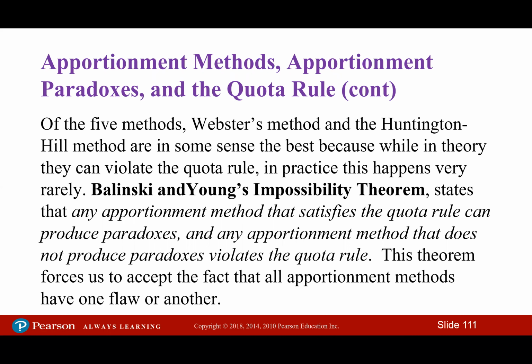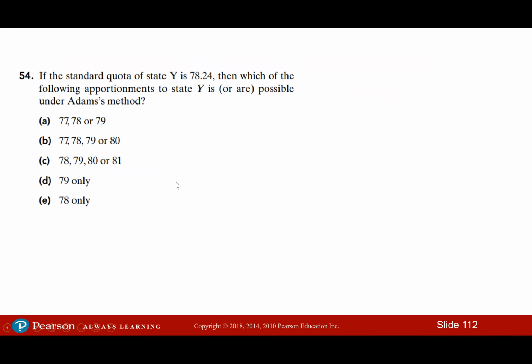So let's take a look at some homework questions. If the standard quota of state Y is 78.24, which of the following apportionments for state Y is or are possible under Adams' method? Go for it. Try it yourself first. And we're back.